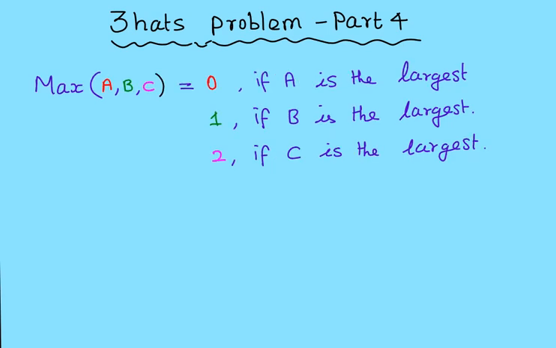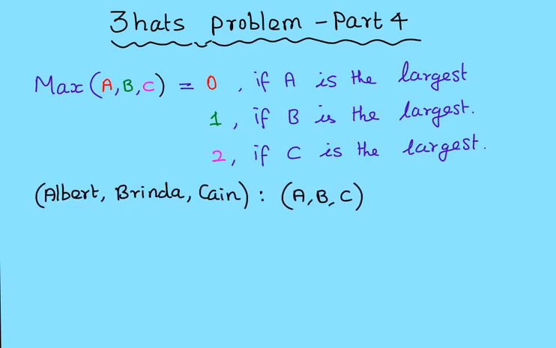Now let the numbers of Albert, Brinda and Cain be ABC. We know the person whose number is the sum of the other two will be the first one to claim his number. That is, the person with the largest number will be the first one to claim his number.